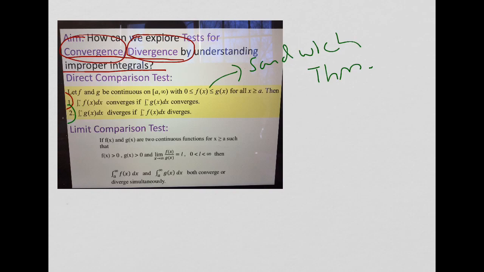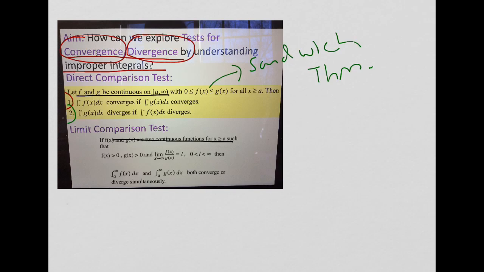Okay, so hopefully you had a chance to write that down. Now I'm going to read the limit comparison test. If f of x and g of x are two continuous functions for x greater than or equal to a, so same sort of understanding, f and g need to be continuous on that closed interval, except when it goes towards infinity.